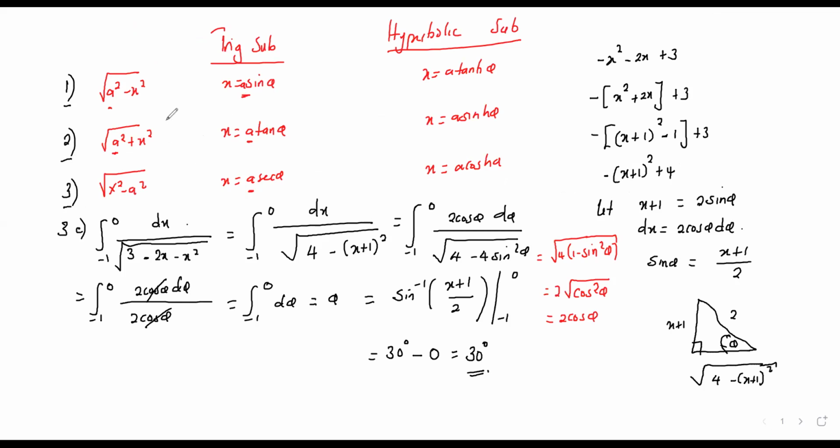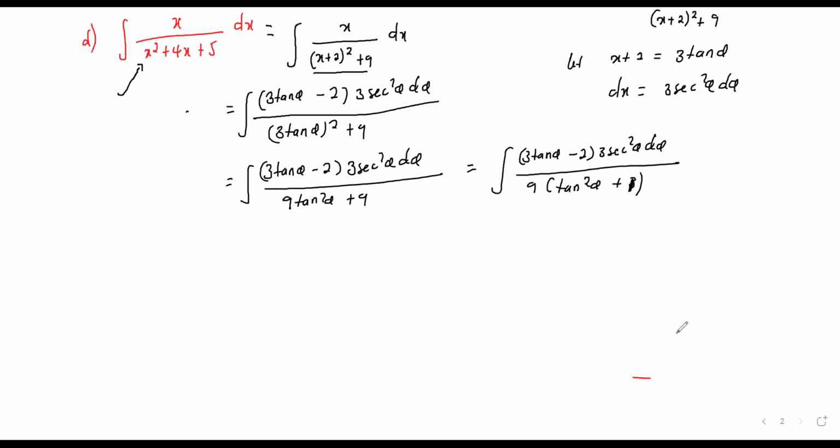Though we are not in the root, we'll still use this to say, since I have the constant squared plus a variable squared, my substitution would be best if I let x be the constant tan theta. Now, the x that we have is not a single x. It's the x plus 2. Whatever is squared is what we are relating to our constant tan theta. So we get the whole x plus 2 related to tan theta.